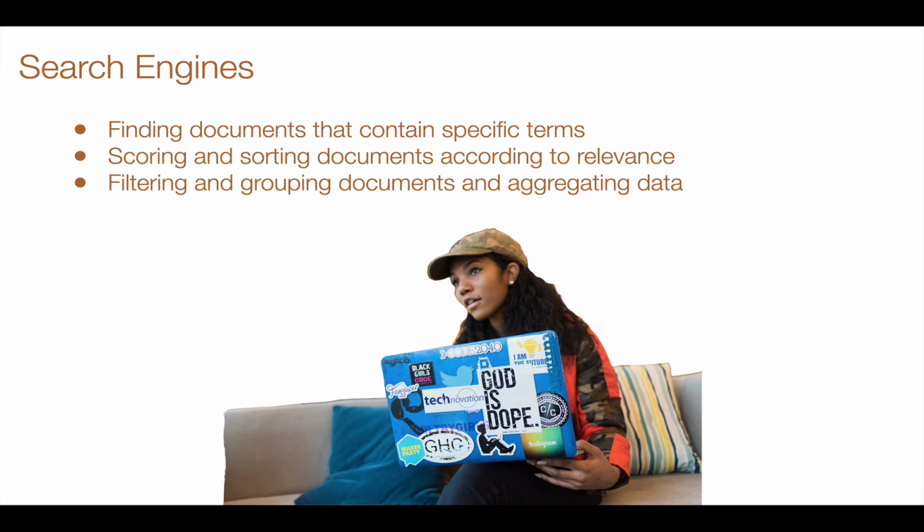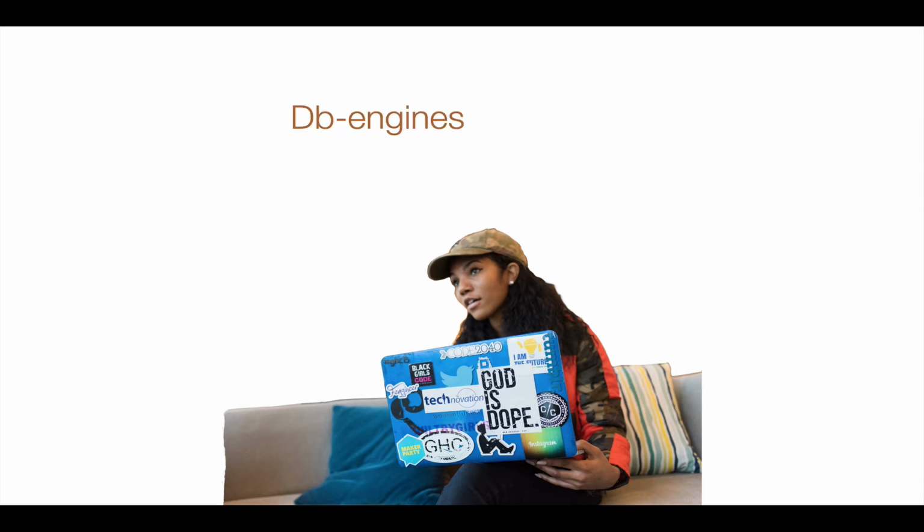It can score and sort documents according to relevance. We saw that in my little demo of the campground app, that ones that matched really well had a higher relevance score and were sorted. And it can also filter and group documents and aggregate some data. That's what search engines do. They're much better at this than trying to implement it in a relational database server like PostgreSQL.